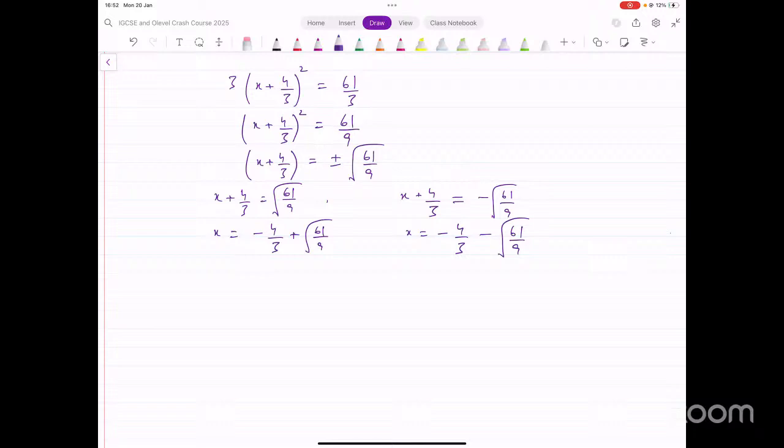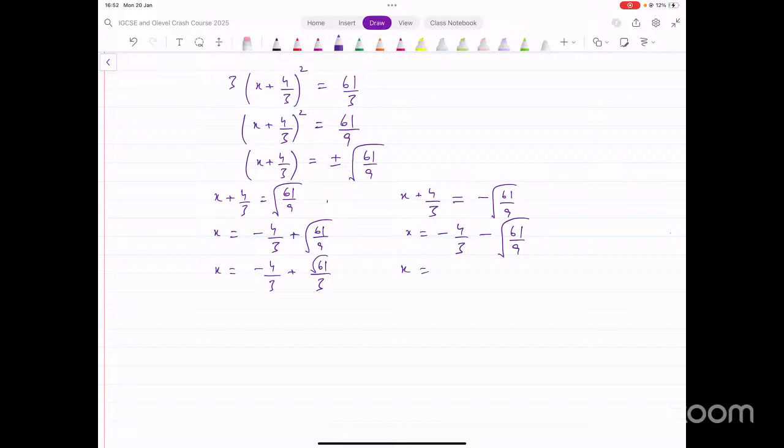You could try to simplify this further a bit because the square root of 9 is 3. You could write that outside if you wanted. So you can say this is minus 4 over 3 plus square root of 61 over 3. And then you could take LCM as well. Again, if you wanted, it's not necessary.